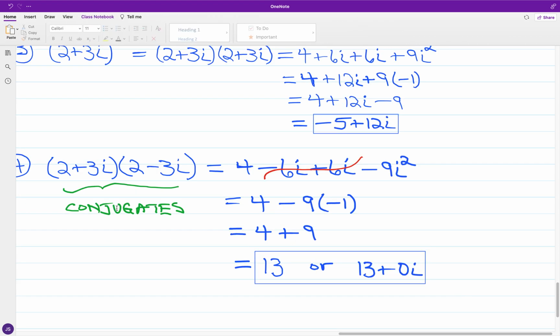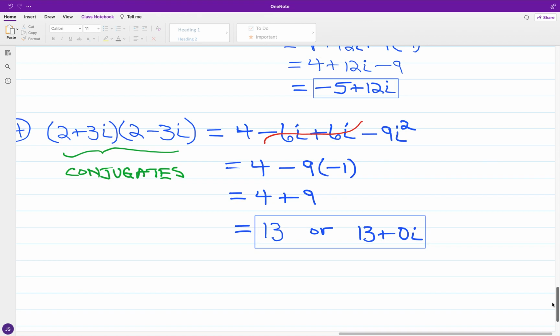Now with this last combination, we have conjugates. And in terms of what conjugates are, this kind of has a feel of when we looked at factoring or forming differences of squares.